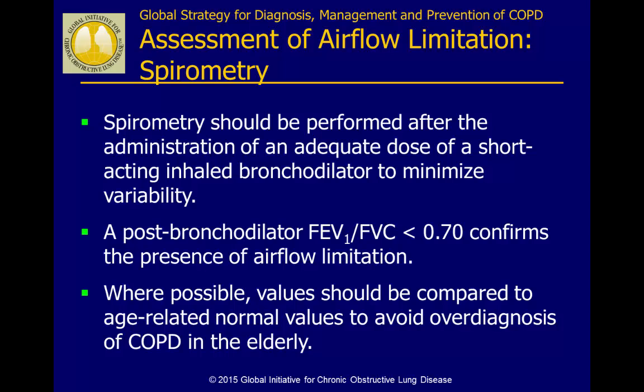So again, I can emphasize more that spirometry should be performed before and after the administration of a short-acting beta agonist, which is albuterol or levalbuterol, and a post-bronchodilator FEV1 over FVC less than 70% confirms the presence of airflow limitation, because patients with asthma tend to improve 12% or more with bronchodilator therapy, but this is a reversible obstruction. In COPD patients, it doesn't improve the majority of the time.